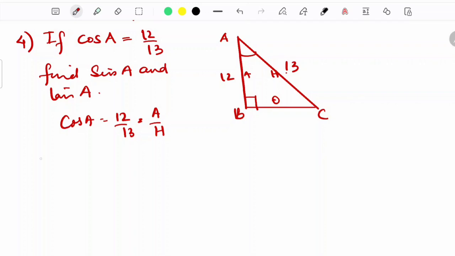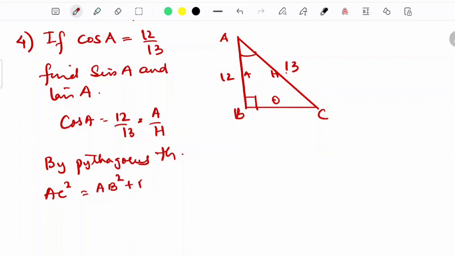So by Pythagoras theorem, we have hypotenuse, that is AC square, is equal to the sum of the squares of the other two sides, AB square plus BC square. So AC is given as 13 square is equal to AB is 12 square plus BC square.